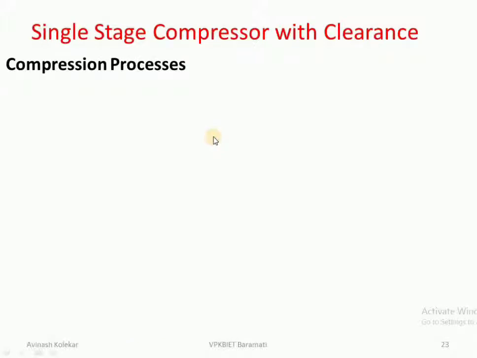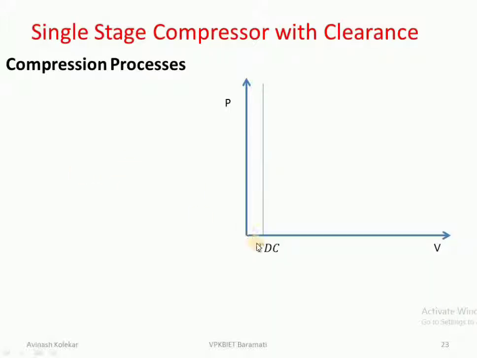If we are considering that there is a clearance, then how do the compression processes occur? We will understand it with the help of the PV diagram. If we have the clearance, then there is a small volume VC in between the TDC and the cylinder head.